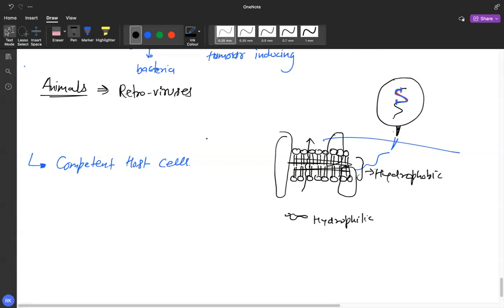Okay, cool. So to make competent cells, we have methods. The most common is you use concentrated divalent cations like calcium. Calcium is a divalent cation. When you treat a cell with divalent cations, what does it do?